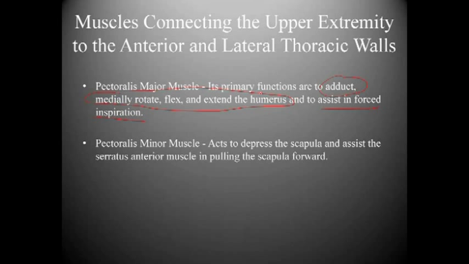So breathing is going to be helped by the pectoralis major muscle, but its primary function is to work with the humerus. The pectoralis minor muscle acts to depress the scapula and assist the serratus anterior muscle in pulling the scapula forward. So the pectoralis minor muscle is going to be in charge of pulling the scapula forward.